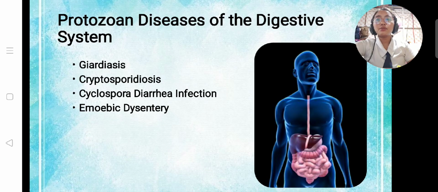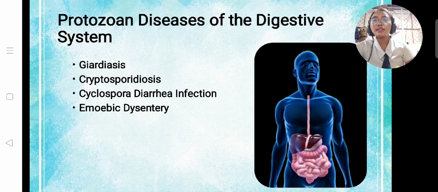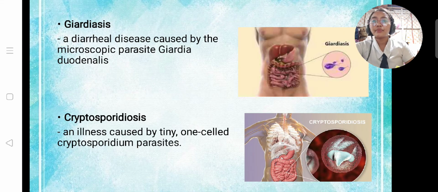Next are the protozoan diseases of the digestive system. They are giardiasis, cryptosporidiosis, cyclospora diarrhea infection, and amoebic dysentery. Giardiasis is a diarrheal disease caused by a microscopic parasite, Giardia duodenalis.